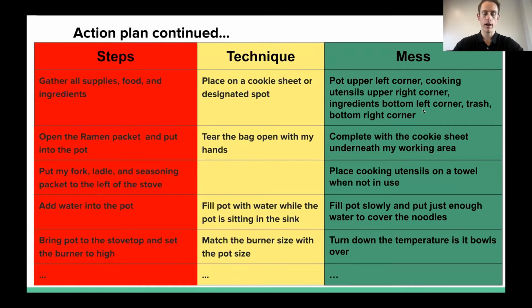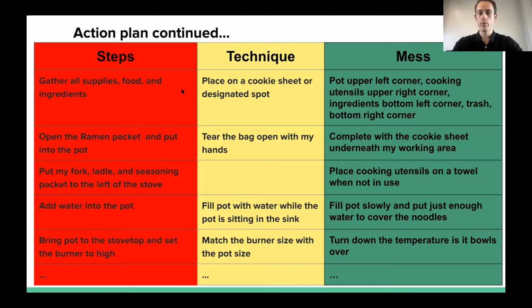So the next step that we're doing is opening the ramen packet and putting it into the pot. So what technique do we want to use for that? Well, I think I can open a ramen packet with my hands. I don't think I really need scissors or a knife to do that. So I'm going to tear that bag open with my hands. Now, when I tear that open, maybe some of that ramen will come flying out and make a little bit of a mess. So how am I going to contain that?